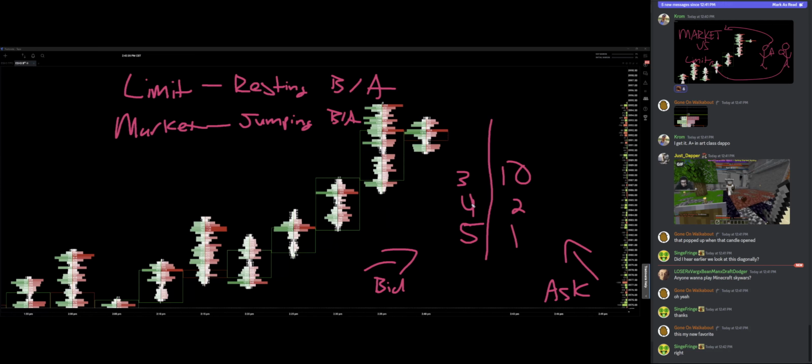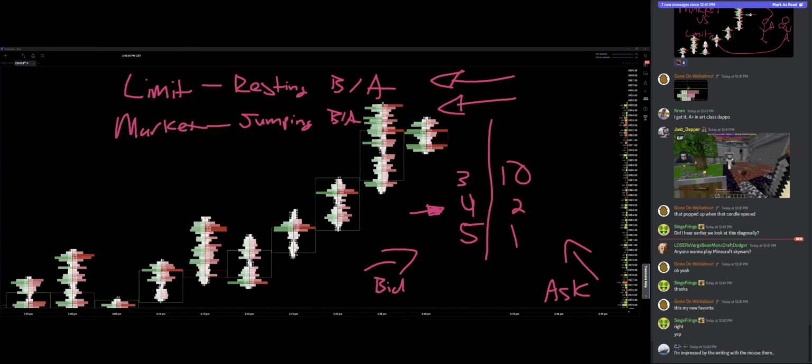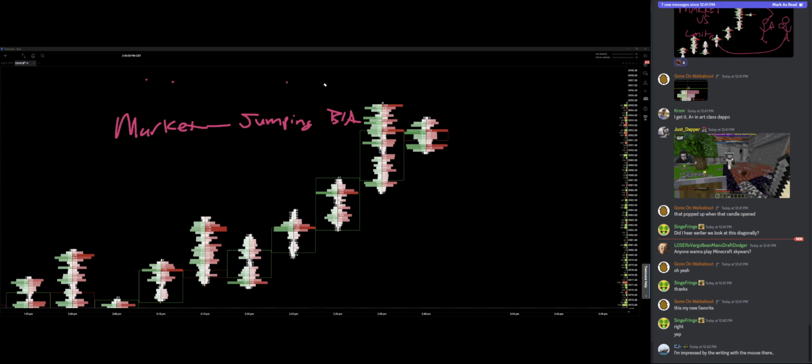So for these 4 orders to be executed, there needs to be 4 people who are willing to purchase the bid with a resting order, and a seller needs to come meet them by jumping. So this is why I always keep stressing you need to understand the interaction between limits and markets and the bid and the ask.